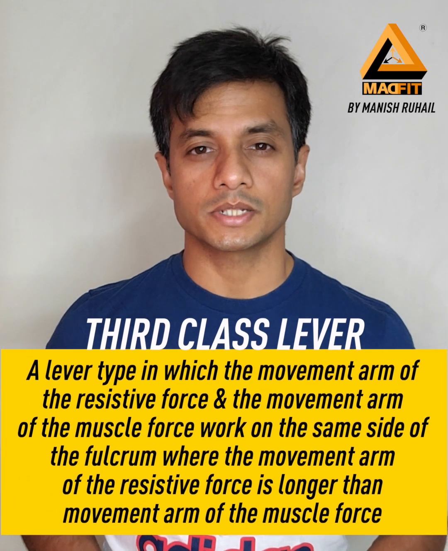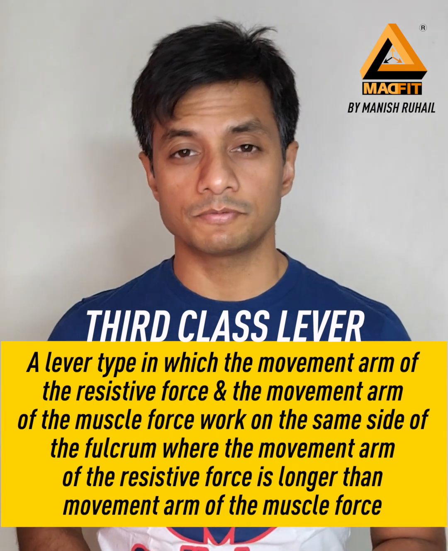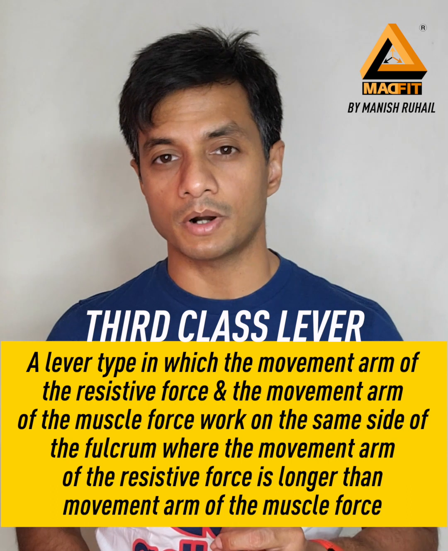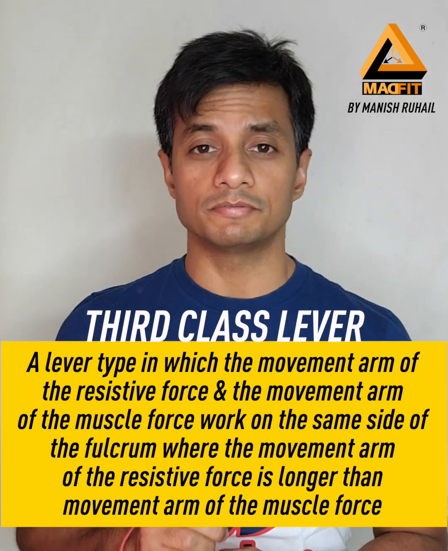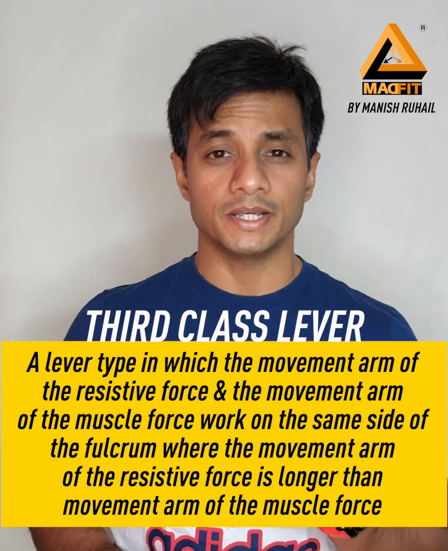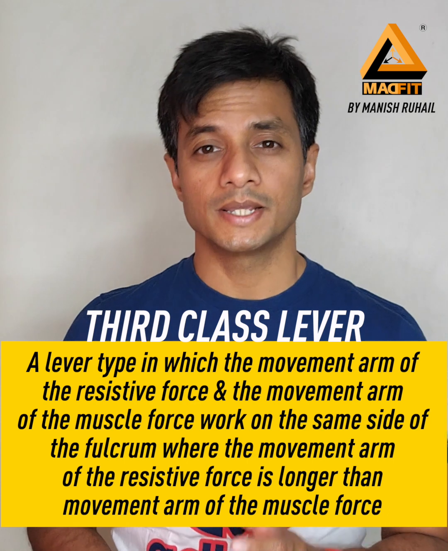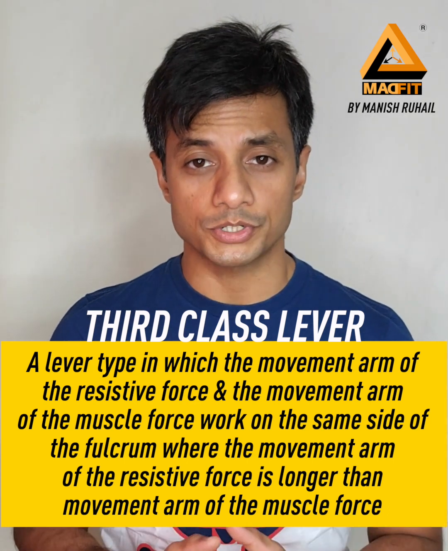Alright, third class lever. A lever type in which the movement arm of the resistive force and the movement arm of muscle force work on the same side of the fulcrum, where the movement arm of the resistive force is longer than the movement arm of the muscle force.